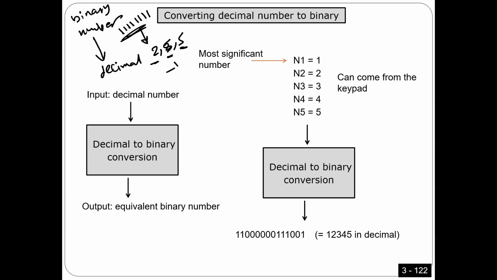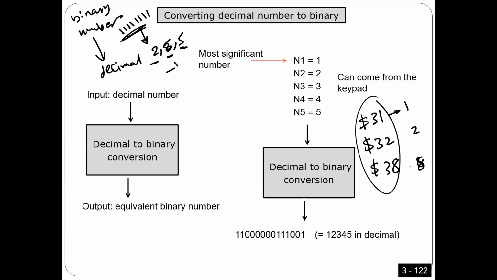So I have to convert this decimal to binary. For example, you are going to use the keypad. You are going to ask the user, please give me a number. The user gives you 31, 32, 38, for example. So the user gives you these three numbers, which means 128, because these numbers are in ASCII.